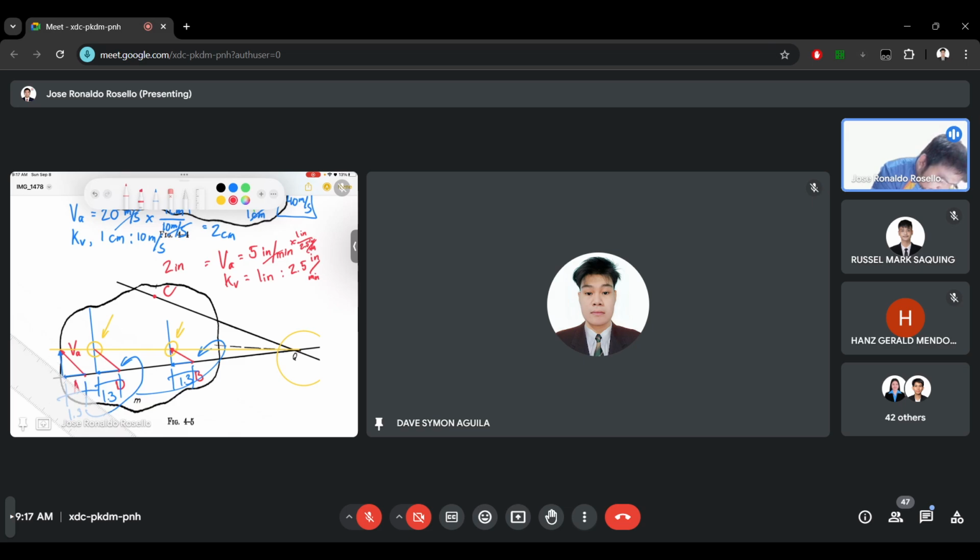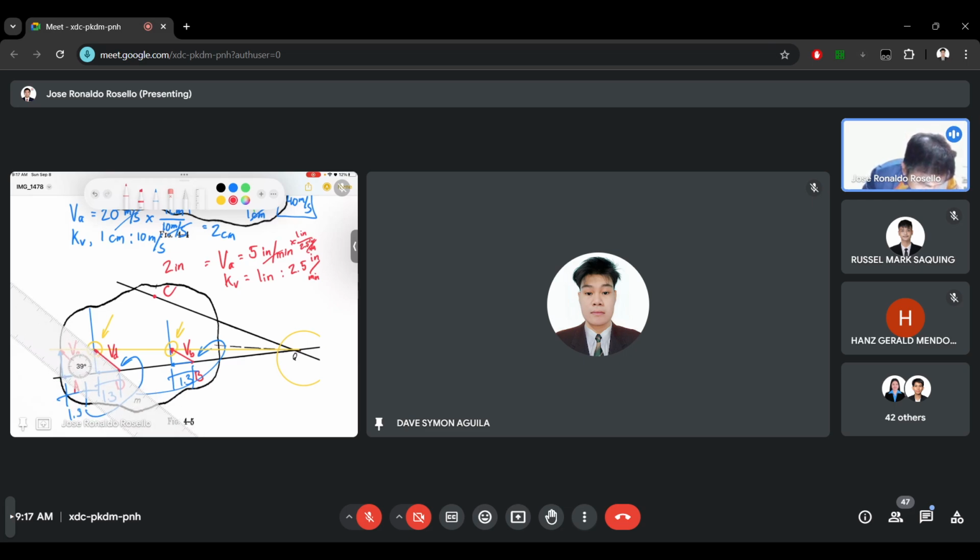Once we have made this vector, this will be velocity D, and this will be velocity B. So that's our vector. Our next step is to measure these vectors using our ruler.